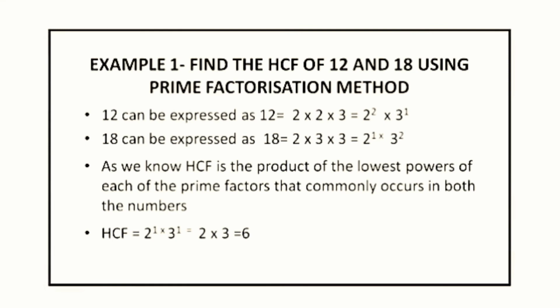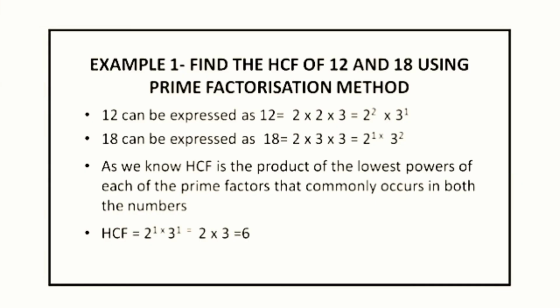So, find out the lowest power for each number. For the number 2, the lowest power is 2 raised to 1, and for the number 3, the lowest power is 3 raised to 1. Hence, we choose 2 raised to 1 into 3 raised to 1 for determining the HCF. Thus, HCF equals 2 into 3 equals 6.